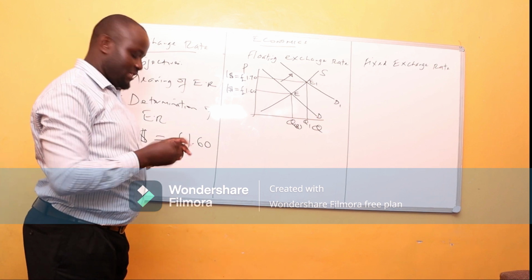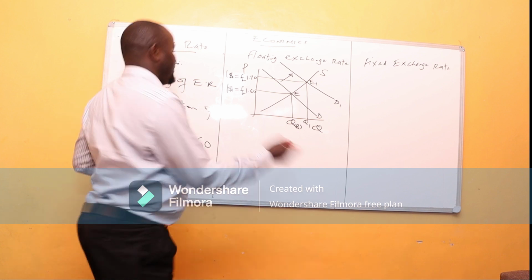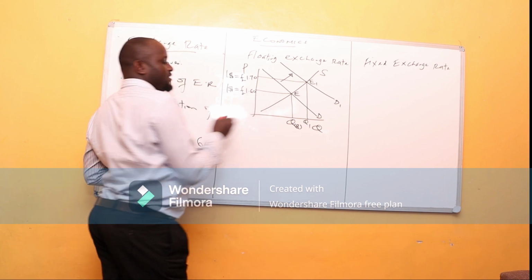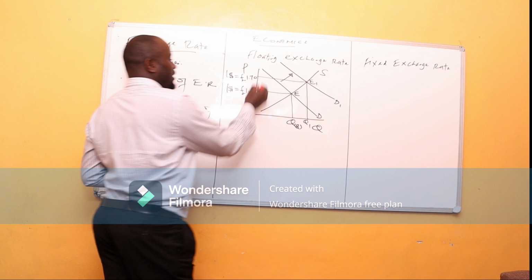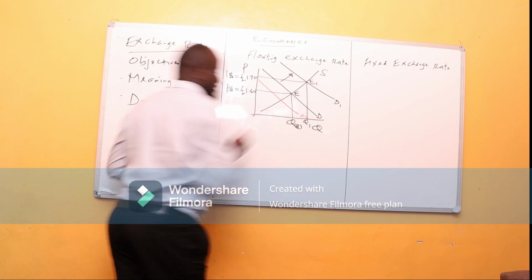A decrease in the demand for the dollar will shift the demand curve to the left, D2.